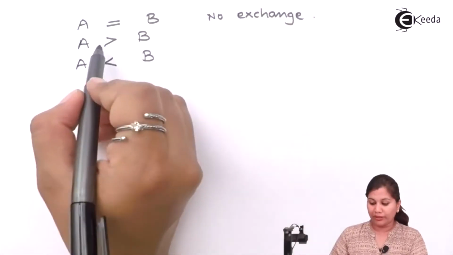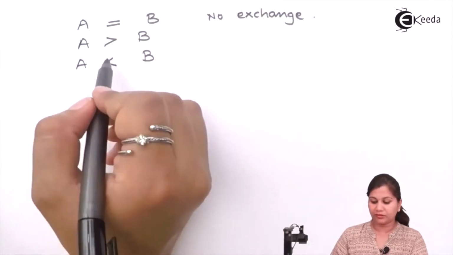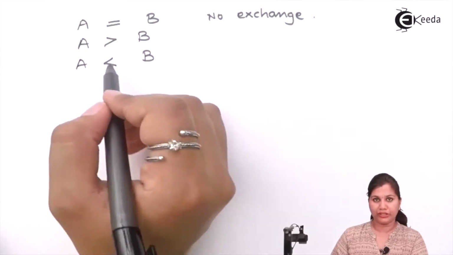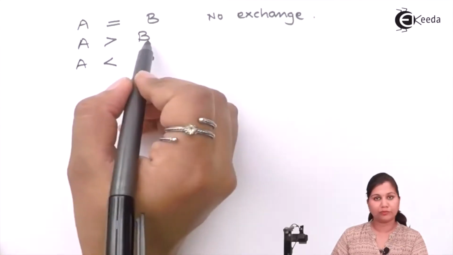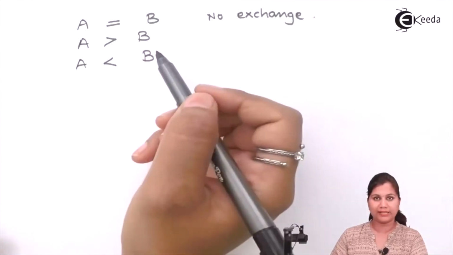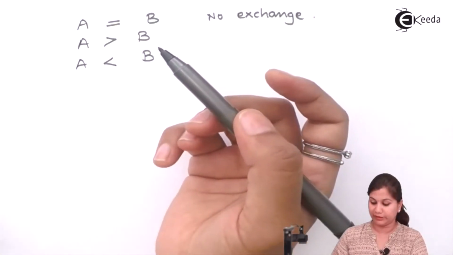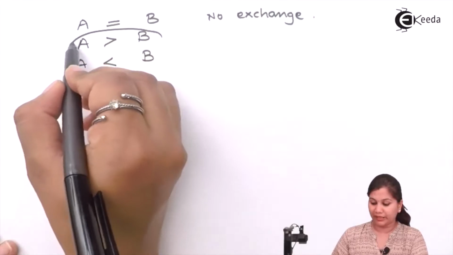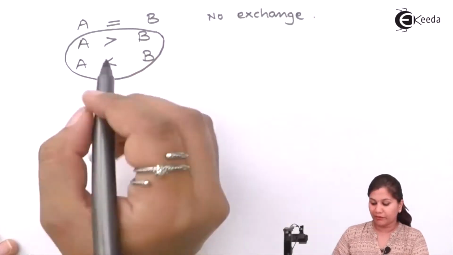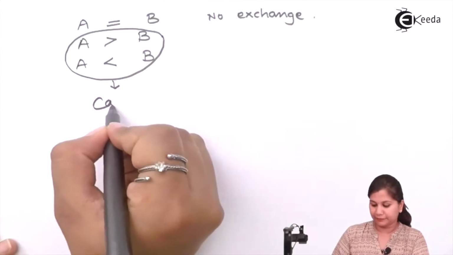Now when the two numbers are not equal to each other, A can be greater than B or A can be less than B. There are two possibilities. Now how will we determine which number is greater? We will check the carry flag.